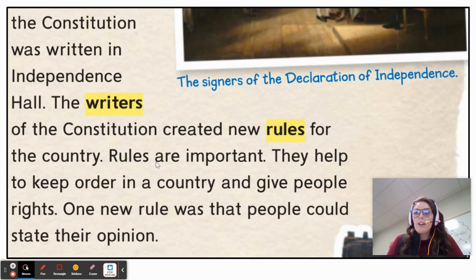So if we think of a cause and effect on this page, I can think of a cause. The Constitution was written. Can you think of an effect? What happened because the Constitution was written? Or what was the effect of the Constitution?